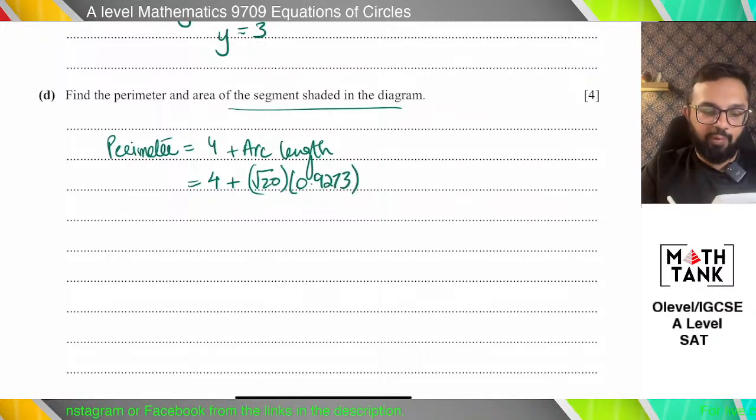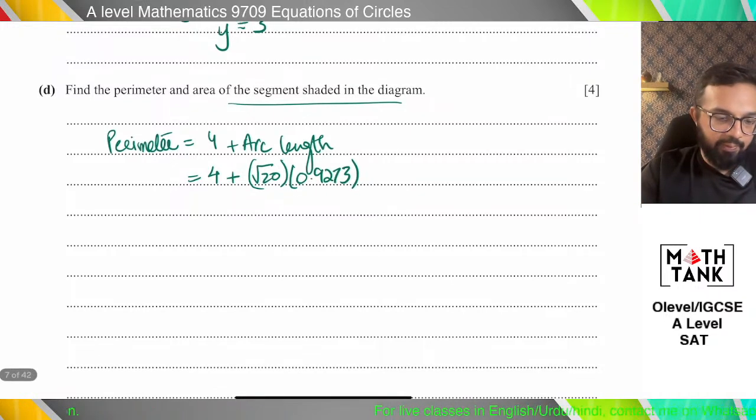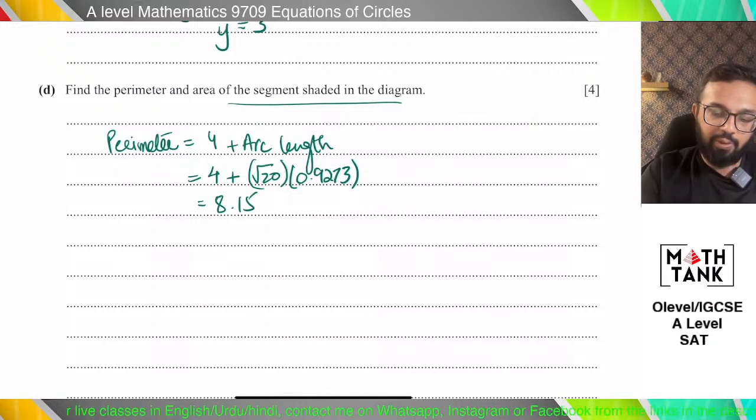So root of 20 times 0.9273 plus 4 gives me 8.147. So that's 8.15 correct to 3 significant figures.